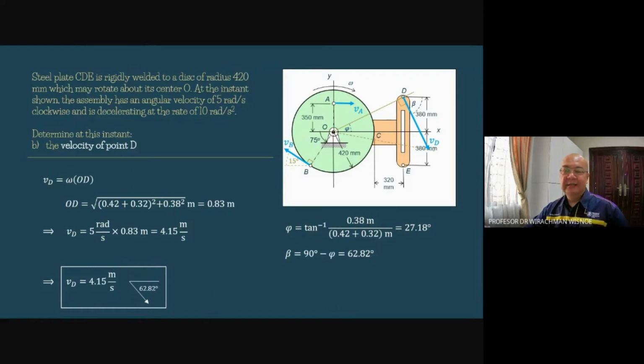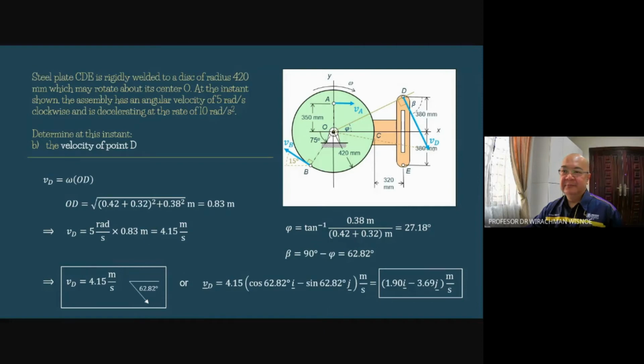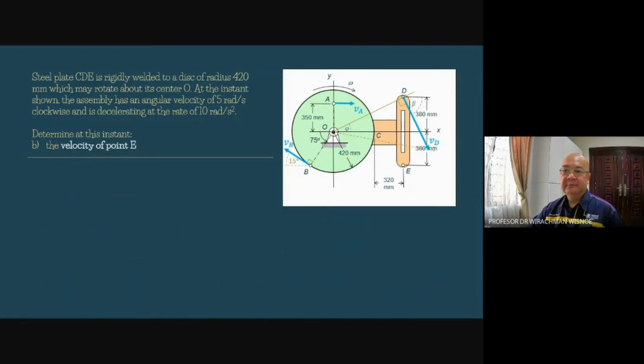Or you can write it again in vector form. Point E is symmetrical to point D with respect to the x-axis. The distance OE will be the same as the distance OD. In terms of magnitude, the velocity at E will be the same as the velocity at D. Still the same formula, you calculate the distance.